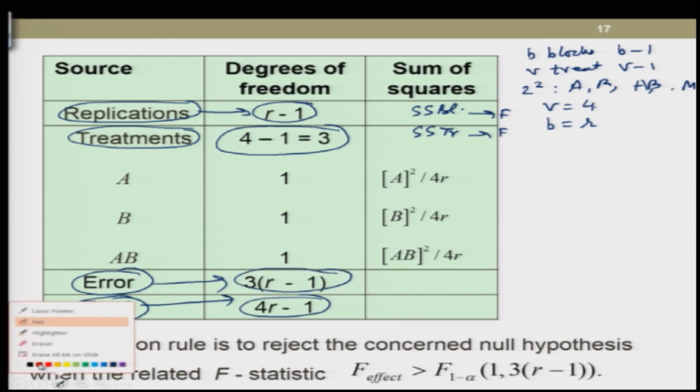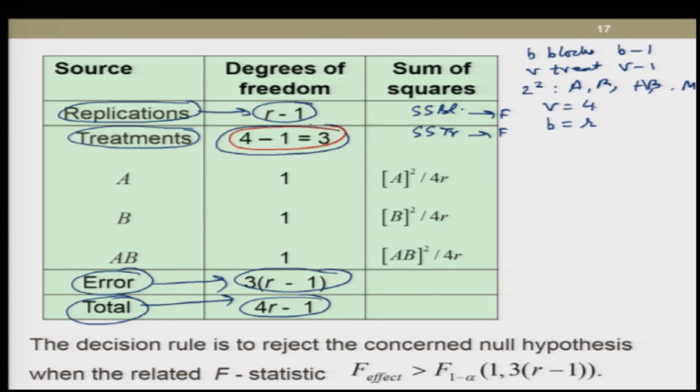Now, let me show you what change is occurring. So, now I am saying there are 3 degrees of freedom, and I am dividing these 3 degrees of freedom into 3 components, 1, 1 and 1.